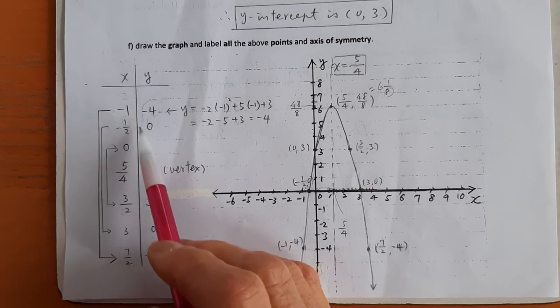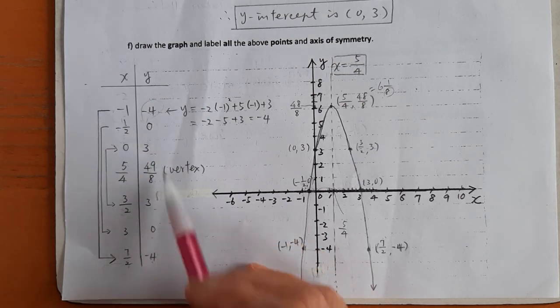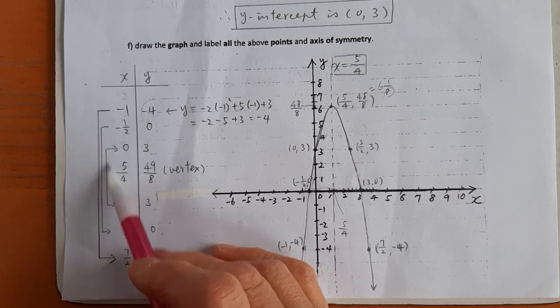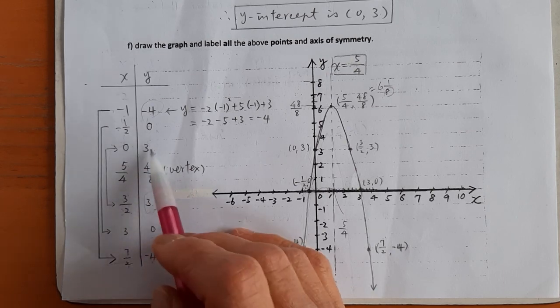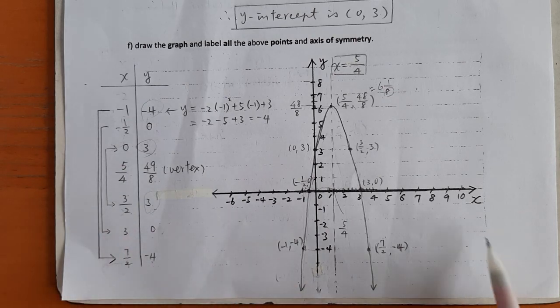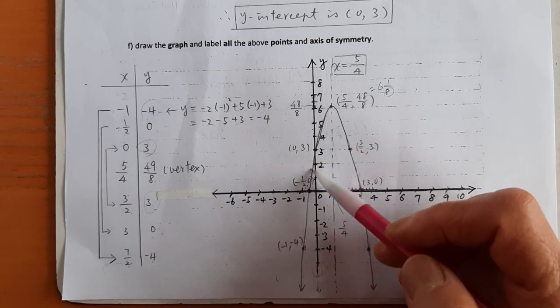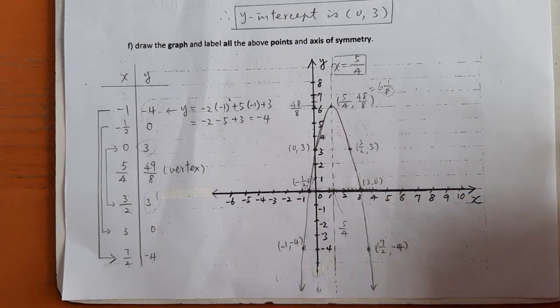Also (-1/2, 0) is symmetric to (3, 0), the same function value 0. And (0, 3) and (5/2, 3) are symmetric, the same function value. The middle one is the vertex. So far you have 7 points. Connect those 7 points, draw the curve, and get the graph.